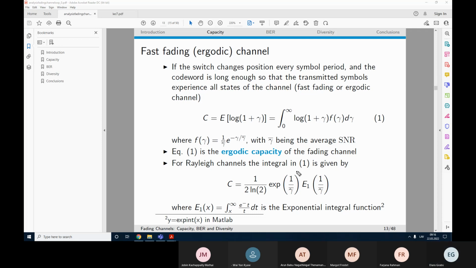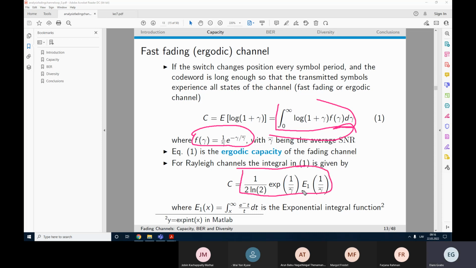And this integral, if we factor in this function here, can be changed, and the result can be expressed like this, where this E1 is the exponential integral function, which, as you know, cannot really be calculated analytically, but it can be calculated numerically, for example by using Matlab functions such as expint in Matlab.